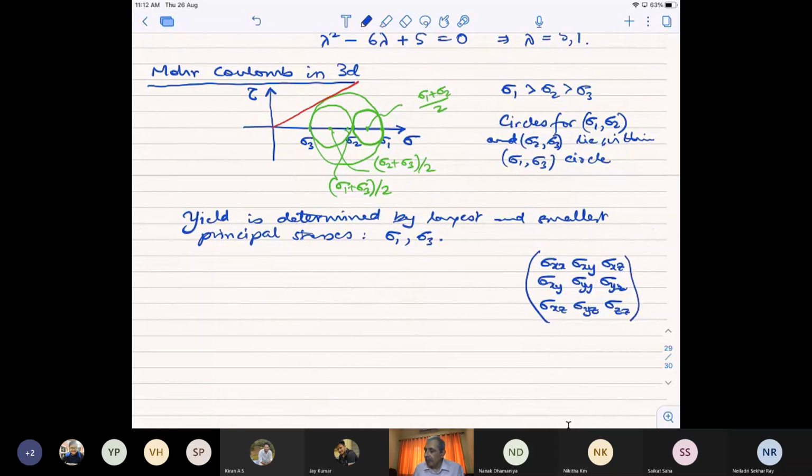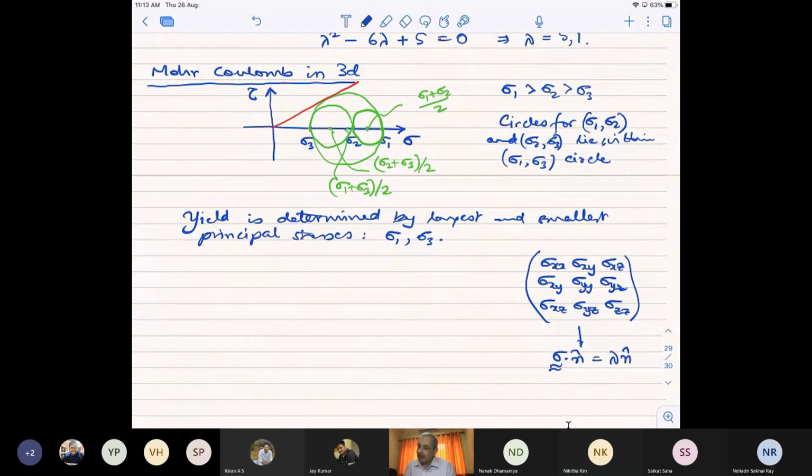So this is my matrix. I'm given all these values. You can see this is a symmetric matrix, so there are 6 independent values. From this, I solve the eigenvalue problem, which is sigma dot n is equal to lambda n.